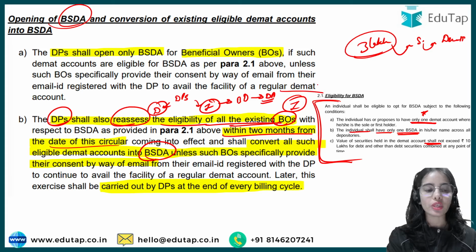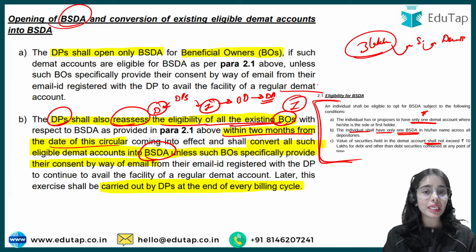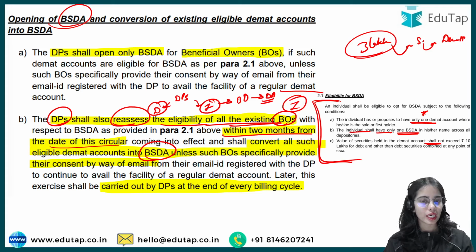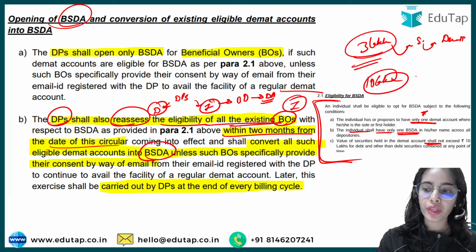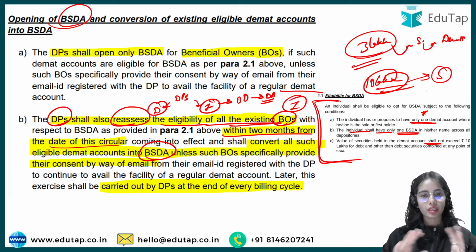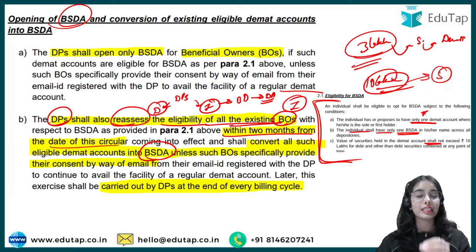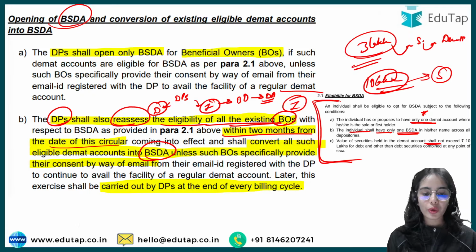You want a regular demat account. If you are particularly emailing the depository participant, then only your account will be a regular account. Otherwise, all these demat accounts that are having less than 10 lakh worth of securities will be converted into the BSDA. Okay, so that is the idea. So I hope this is clear.